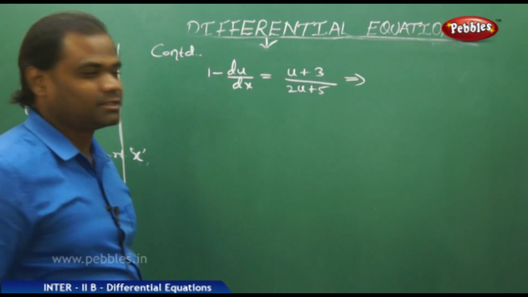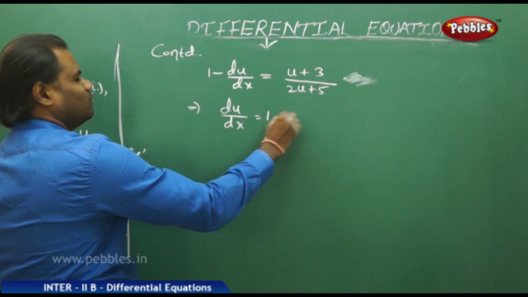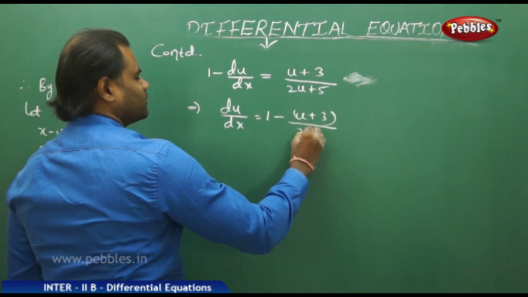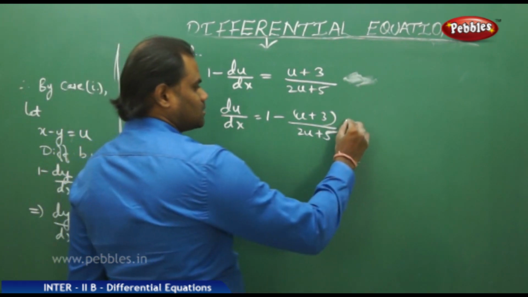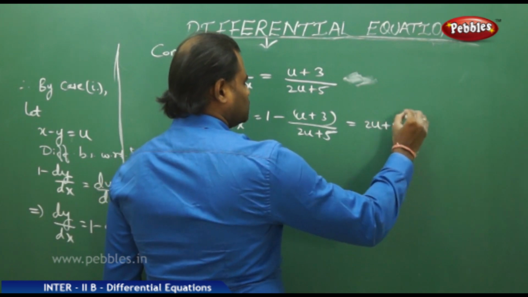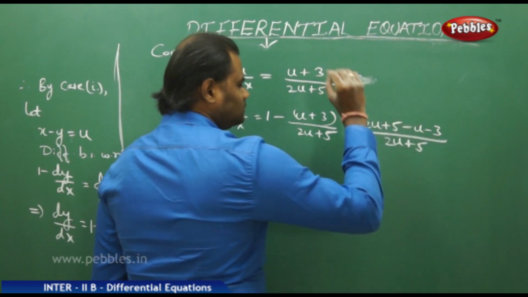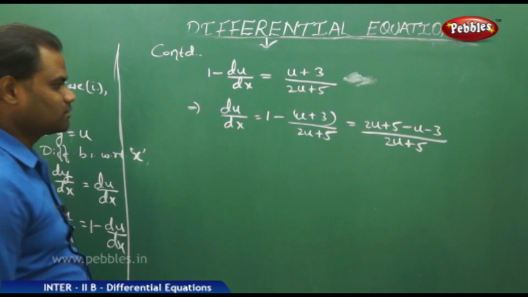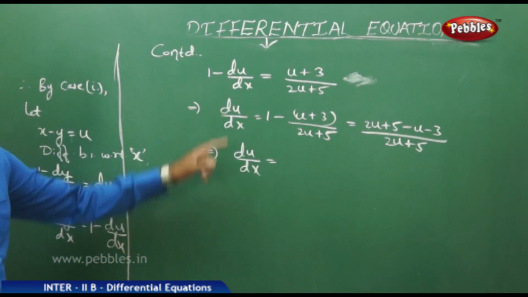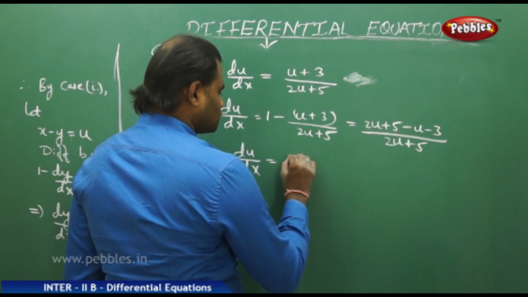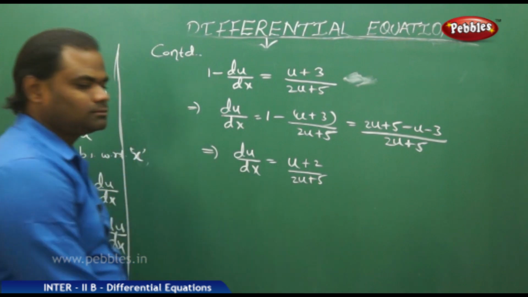This, on further simplification, gives du by dx equals 1 minus u plus 3 by 2u plus 5. And this, on simplification, gives 2u plus 5 minus u minus 3 by 2u plus 5. That implies du by dx is 2u minus u, which is u plus 2 by 2u plus 5.